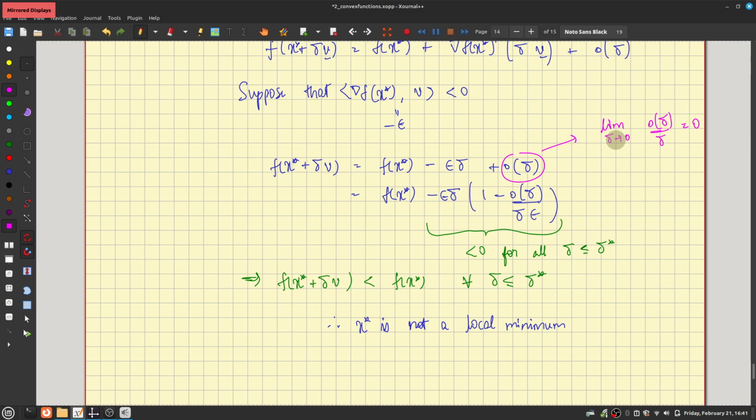Or if you're not comfortable with the notation, let me just say that this is equal to this plus some, say, g of delta, with the property that the limit as delta tends to 0 of g of delta by delta is equal to 0.